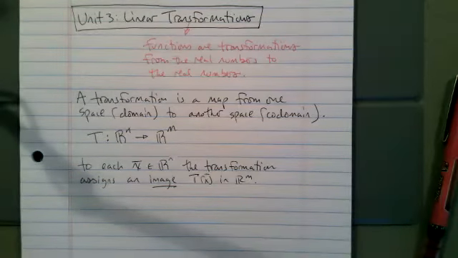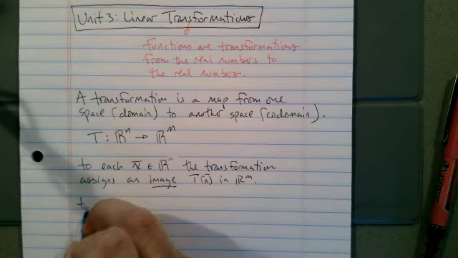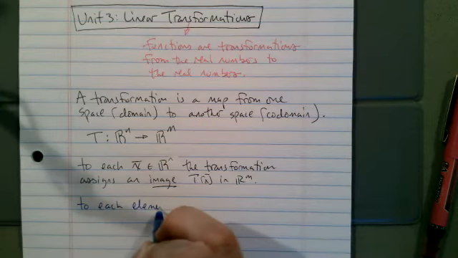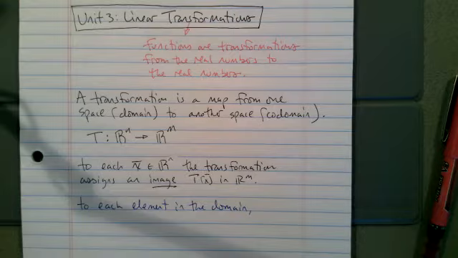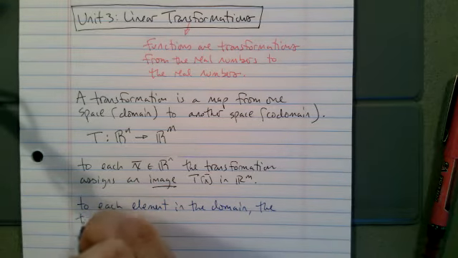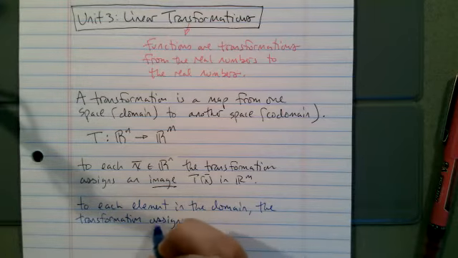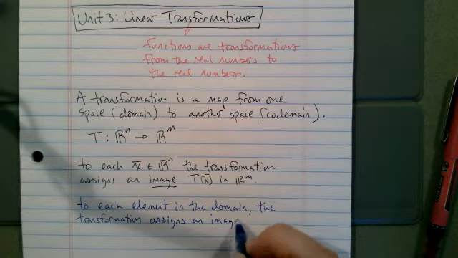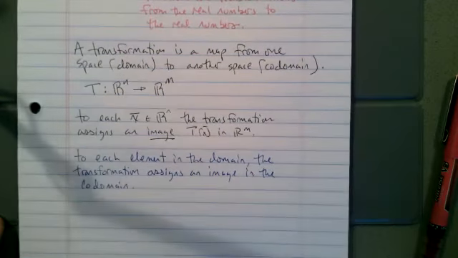To each element of the domain, the transformation assigns an image in the codomain, and it is called T of x.